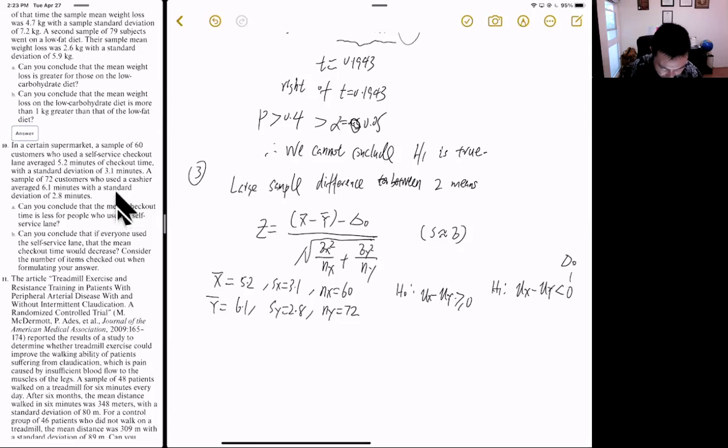Then we plug the numbers into this equation: sample mean 5.2 for X, delta 0 is 0, sigma X we use Sx, 3.1, sigma Y we use Sy, 2.8, and sample sizes 60 and 72. We calculate Z, and it's minus 1.74.